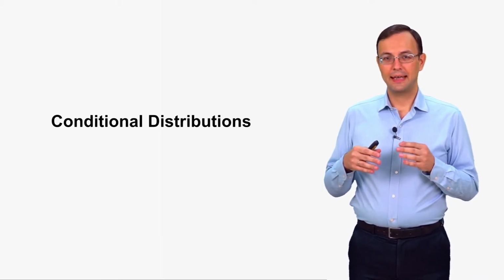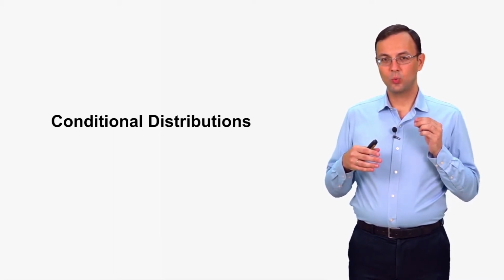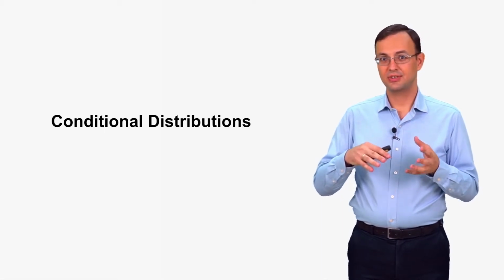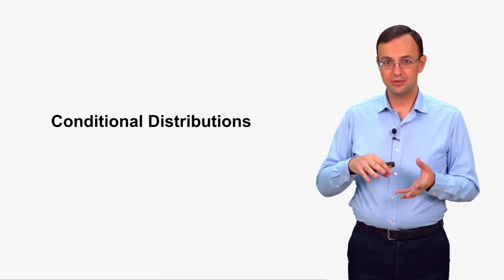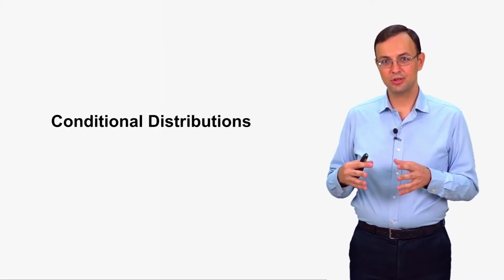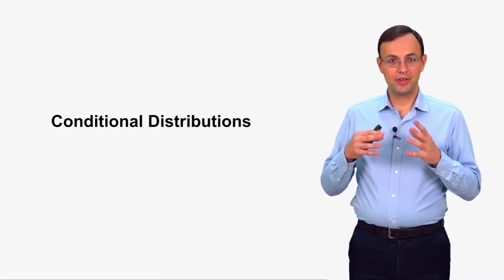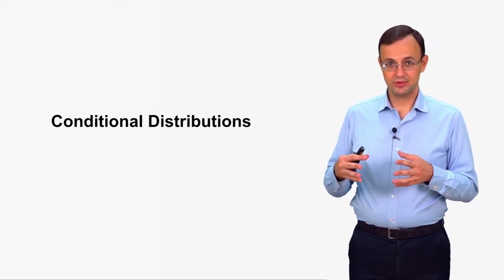So the weight of a random person is a random variable. The height of a random person is a random variable also. They both have their own distributions.